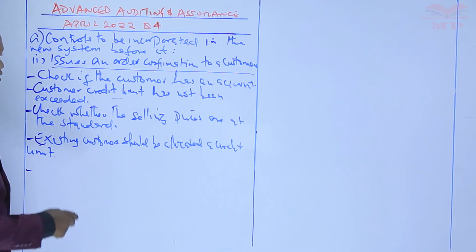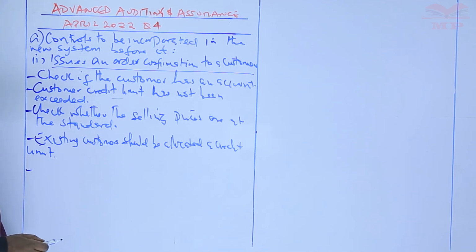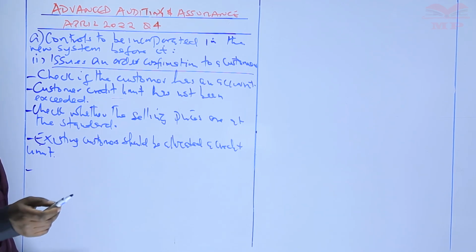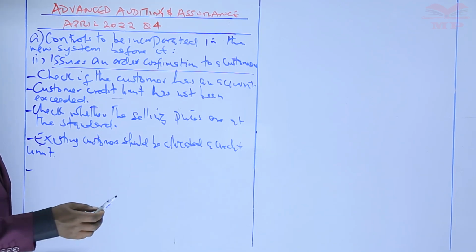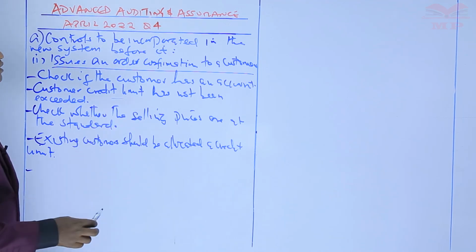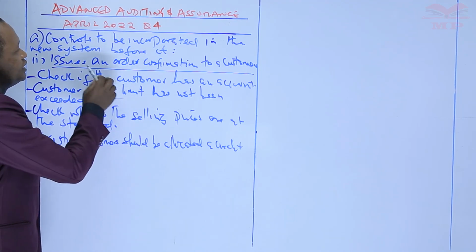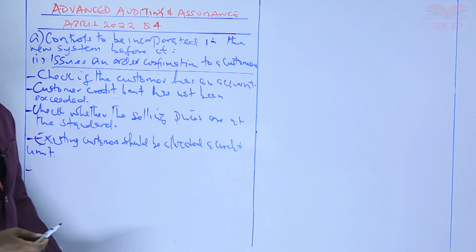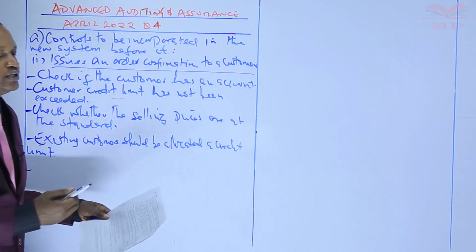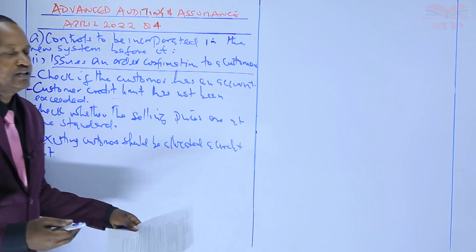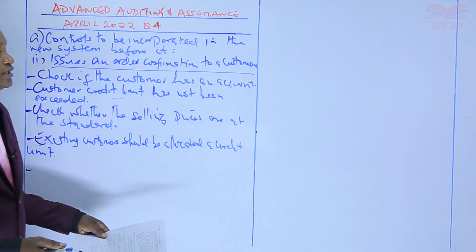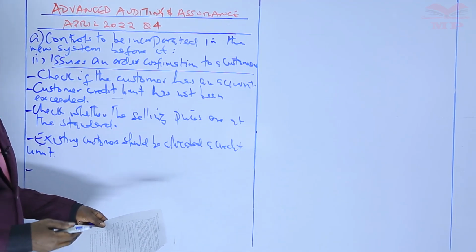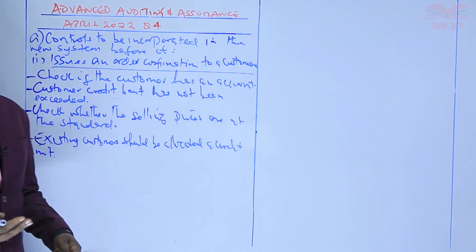Then, candidates, we are discussing the controls that should be incorporated in the new system before the system issues an order confirmation to customers. When customers place an order, before that order is confirmed for processing, what are the controls that should be put in place?